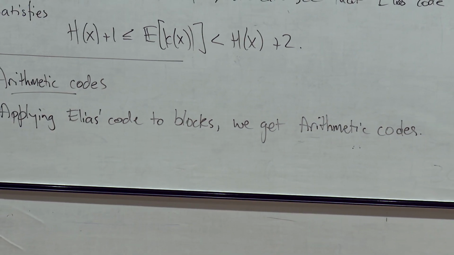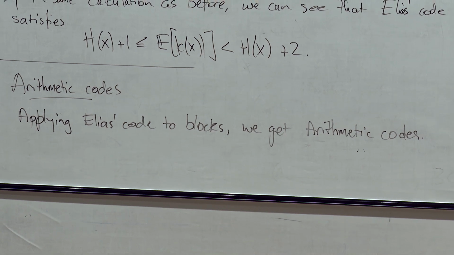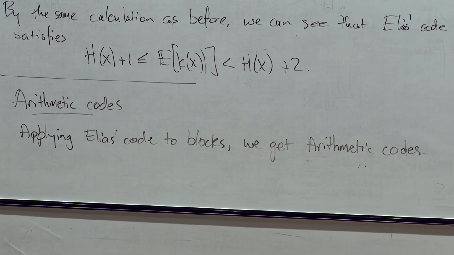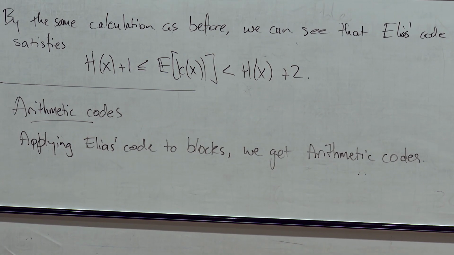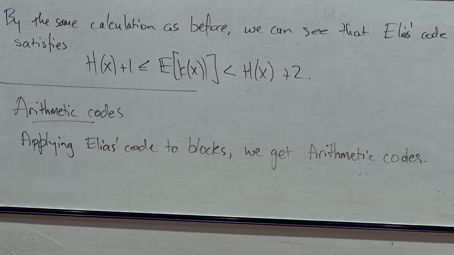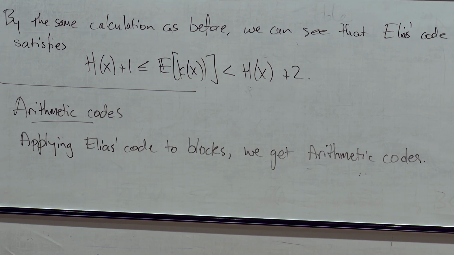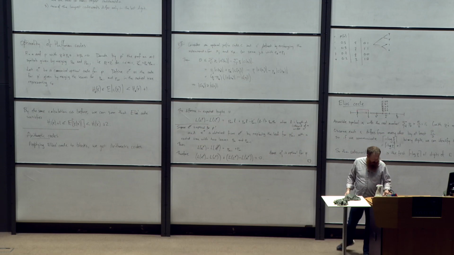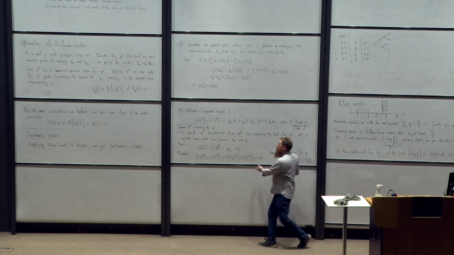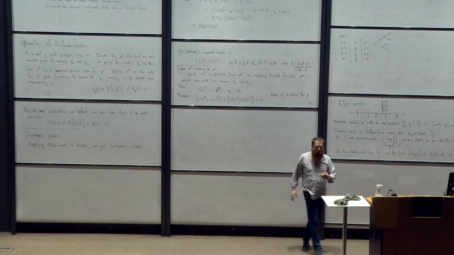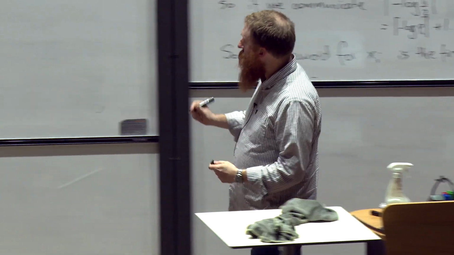Okay, so if I apply Elias's code to a block, that seems easy enough to understand. These have been discovered multiple times, so I'm not going to say who did them. They were constructed really in the 70s. And I'll draw a picture to tell you a bit of a story of how these work.